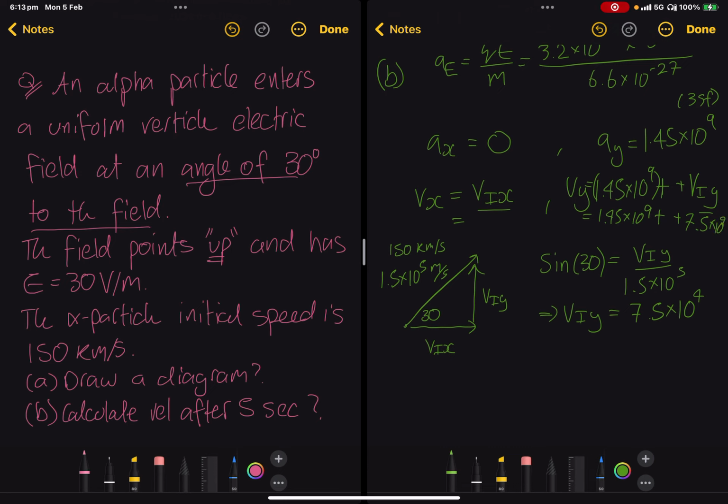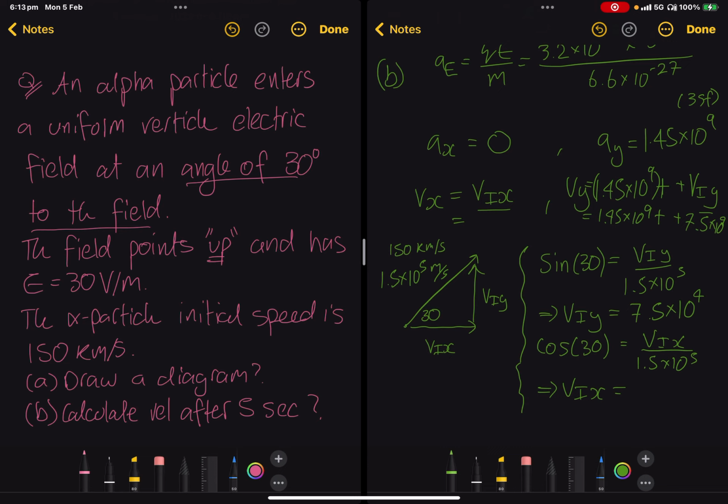And then the velocity in x we get from using cosine. So we've got cosine of 30 is equal to VIX, adjacent over hypotenuse, over 1.5 times 10 to the 5. So this tells us that VIX is equal to 1.5 times 10 to the 5 times cosine 30.